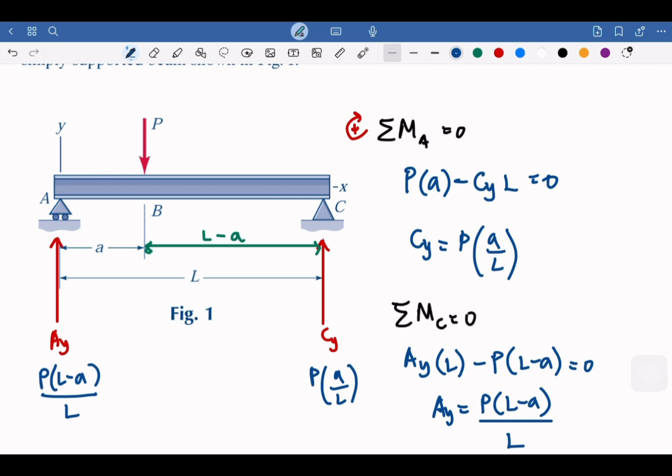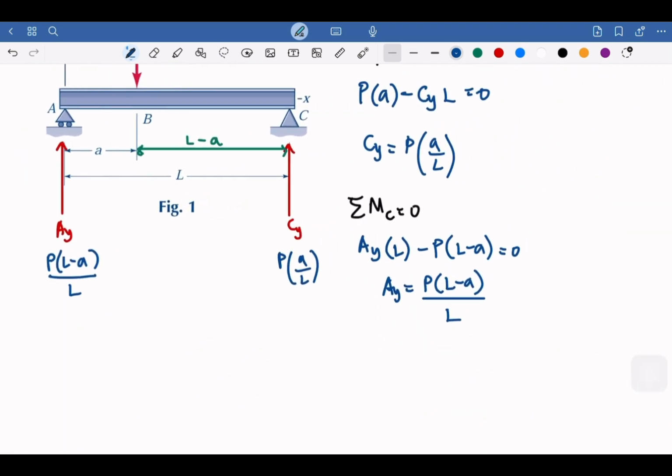P. And then from here it will be constant again, with this value, PA over L. So we can take this and make sure that it is aligned with the picture.